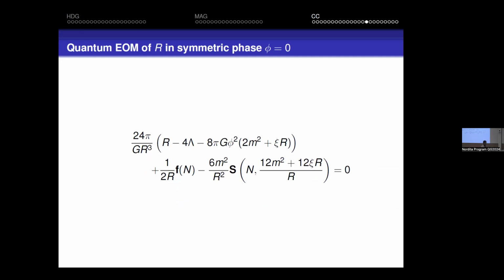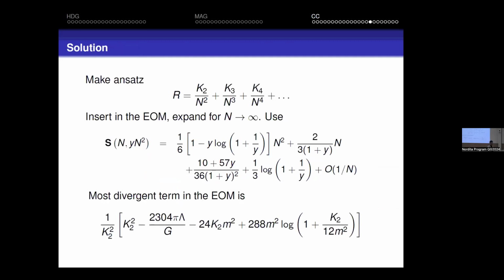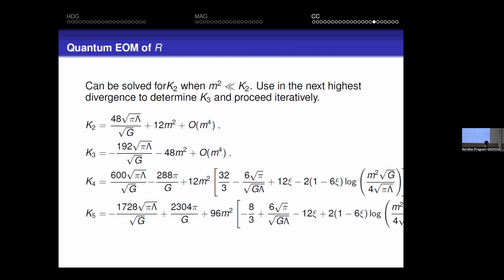analytically. But you can solve it, we've seen in the non-interacting case that the curvature goes like inverse powers of n. And so let's make an ansatz of this form. And inserting this ansatz into the equation, you can iteratively determine these coefficients k. And these are the first few coefficients.